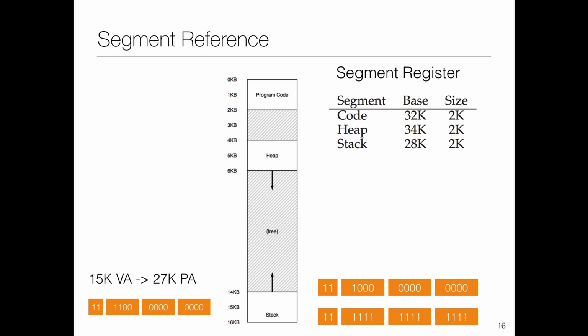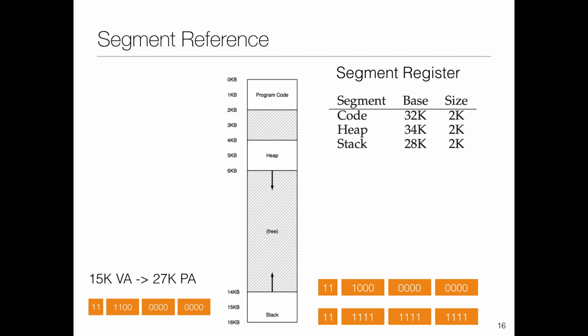So 16k in the virtual address space corresponds to 28k in the physical address space. 15k should correspond to... so let's not look at any complicated mathematics.